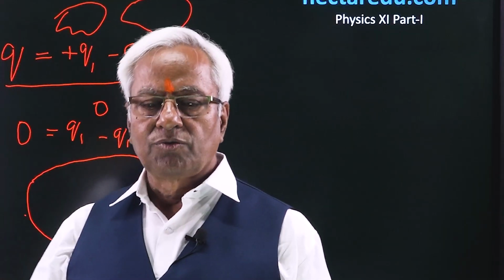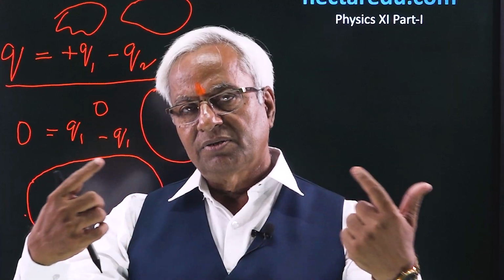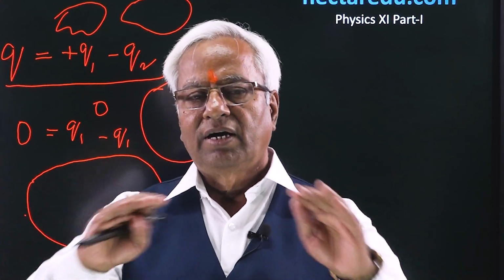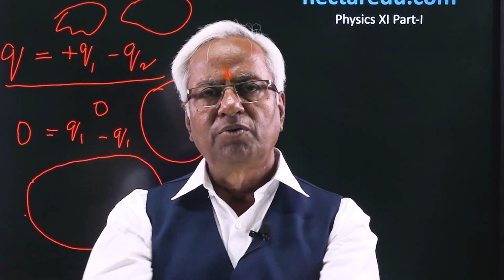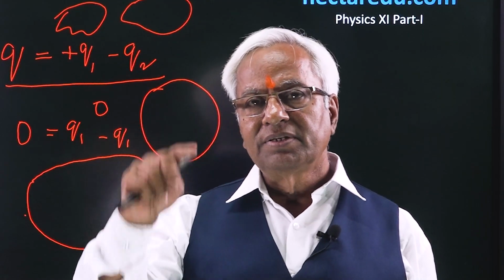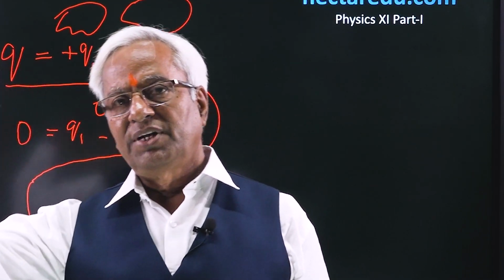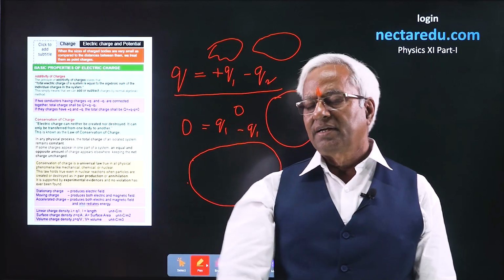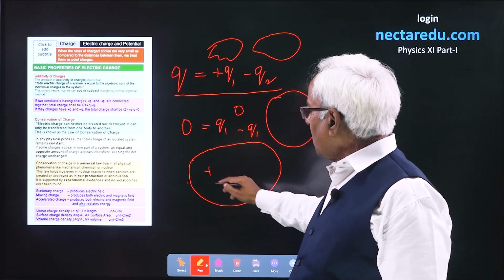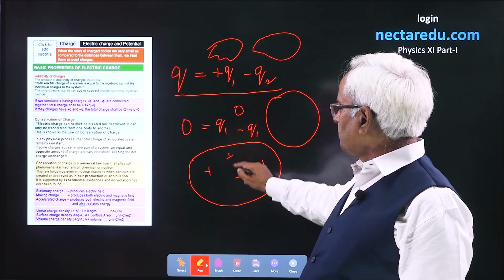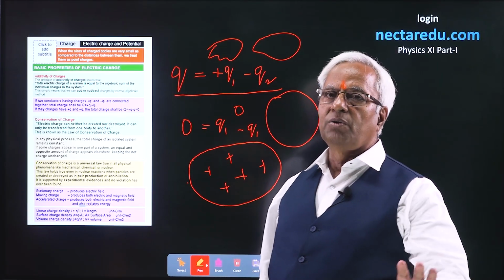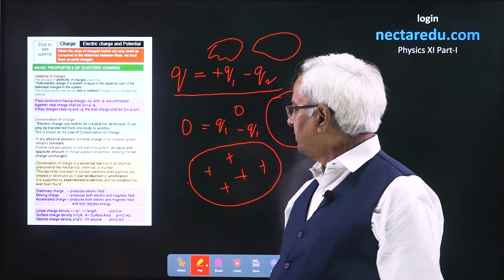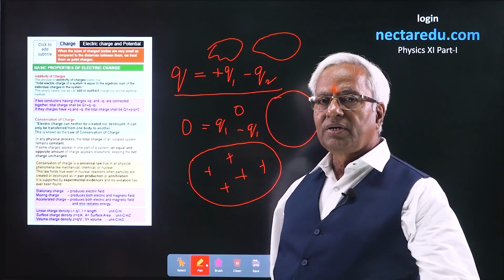That means it is not going to make any transaction with the outside. A system is confined to its own boundaries. You are neither giving charge nor taking charge from it. In that case, the total charge on this system is going to remain constant throughout. It will neither increase nor decrease.